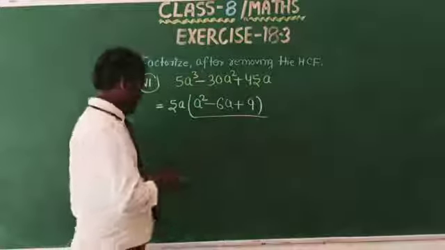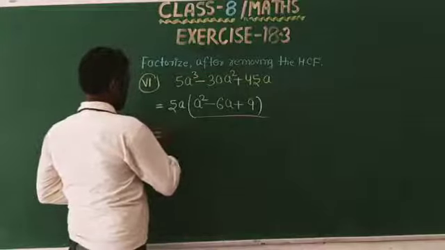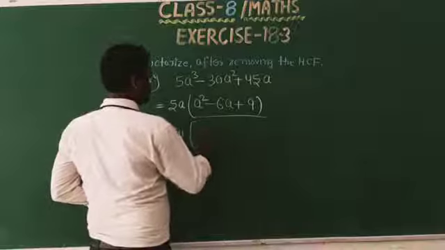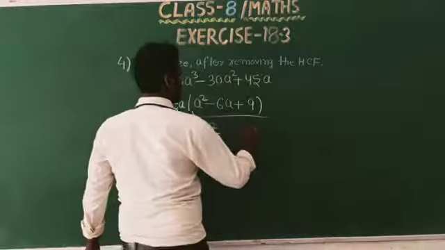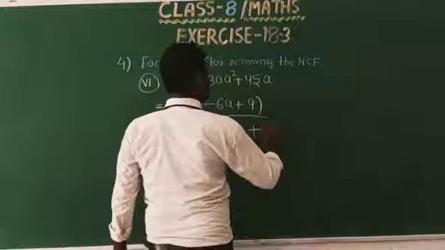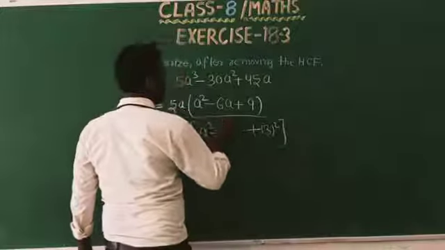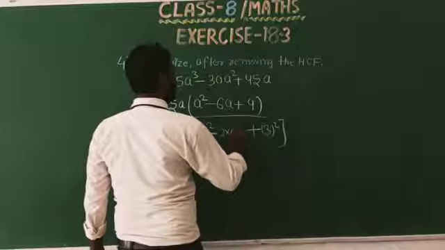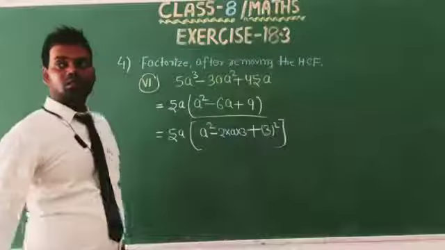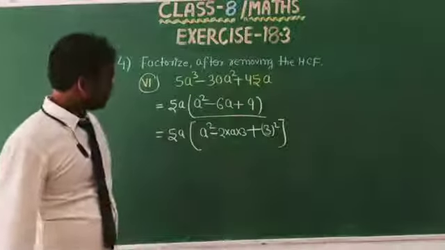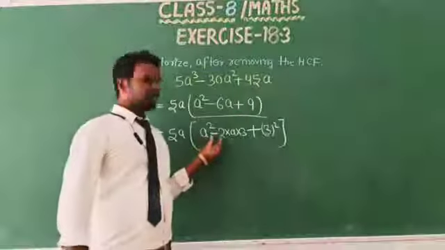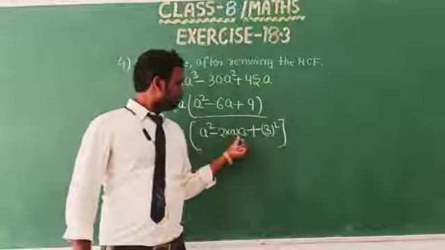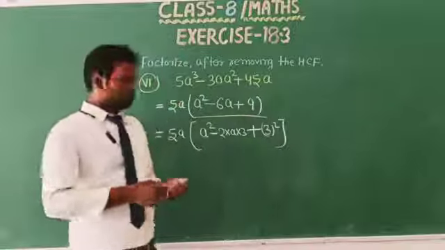So this is written as 5a into a square minus 2 into a into 3 plus 3 whole square, with the middle term written as the product of 2 into a into 3.